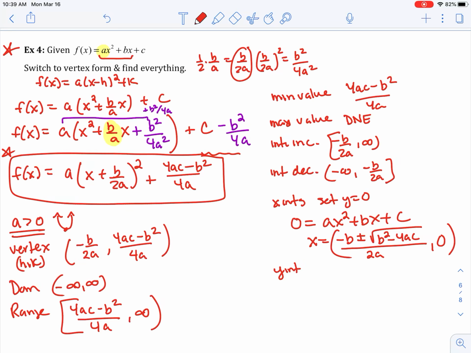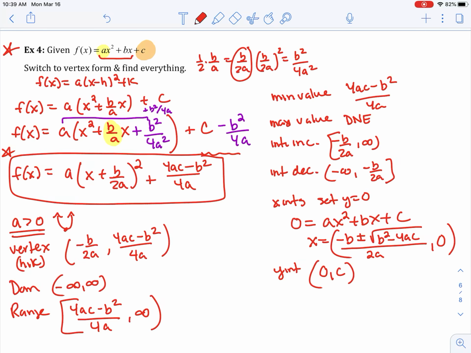And our y-intercept, again, we can go and look back at the original equation that's in standard form, and our y-intercept is always this c of our standard form equation. So our y-intercept is 0, comma c. And I think that's all that we needed to find.